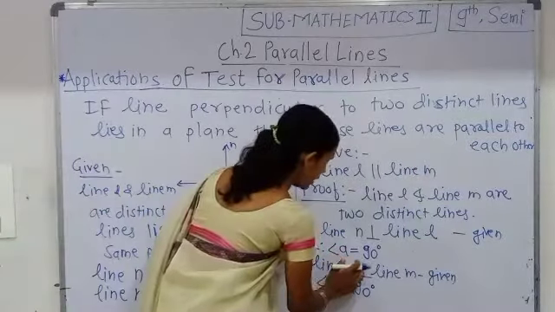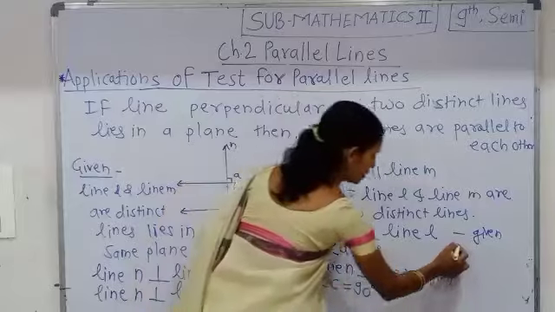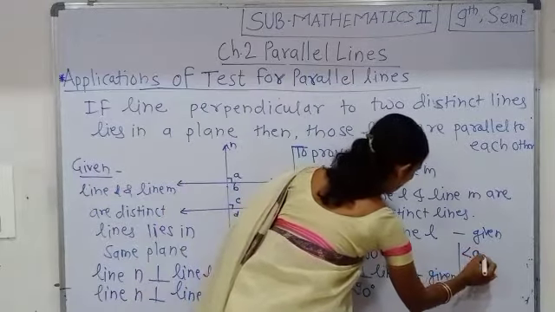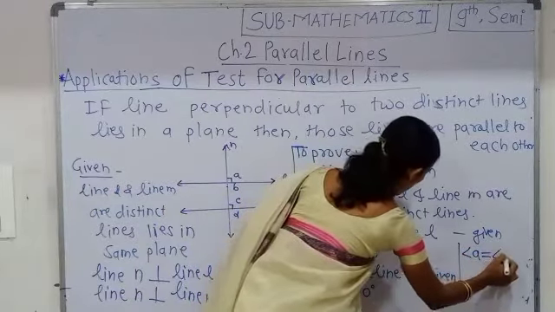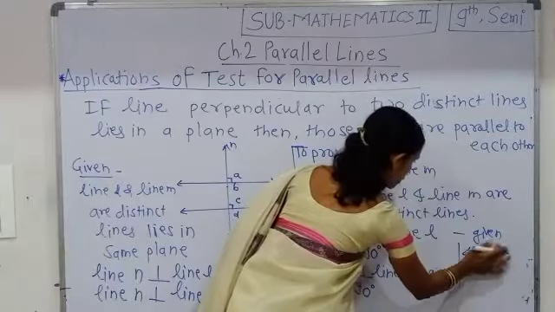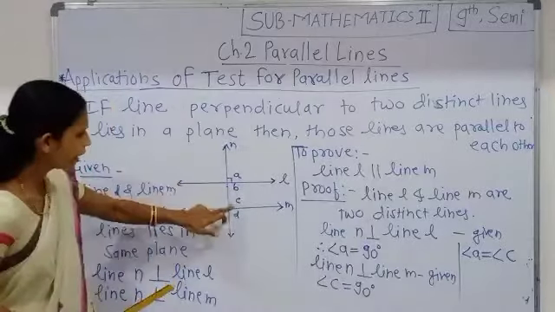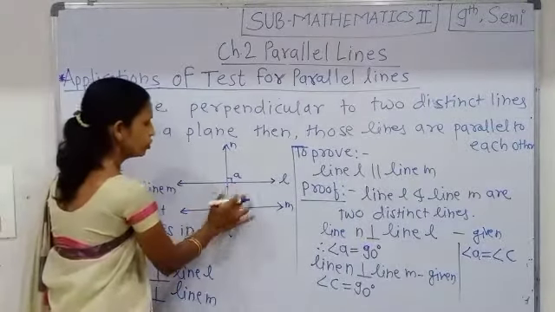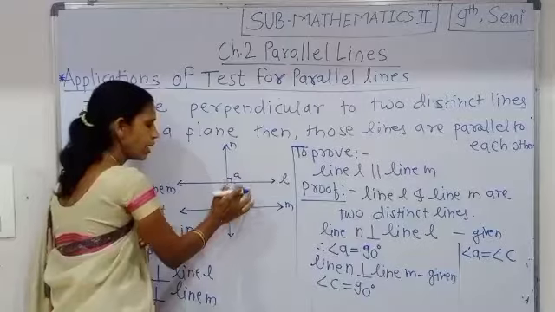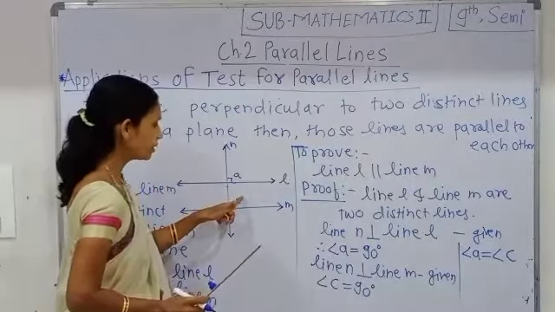As angle A and angle C are 90 degrees, angle A is equal to angle C, and those two angles are congruent.